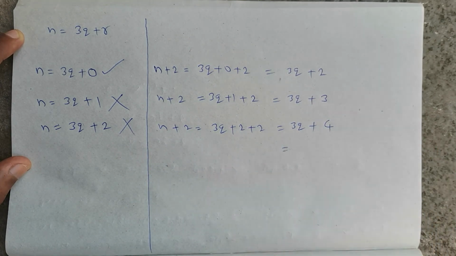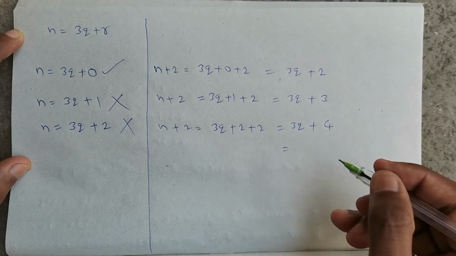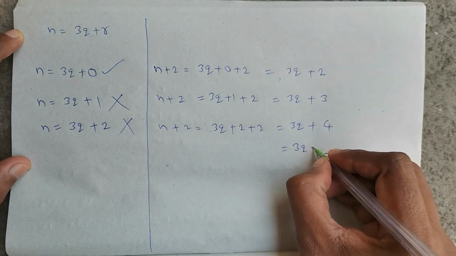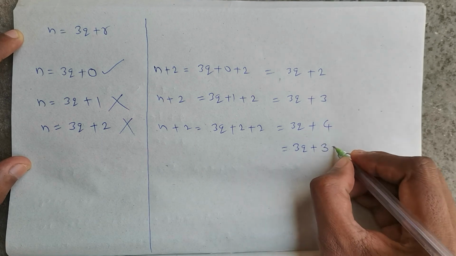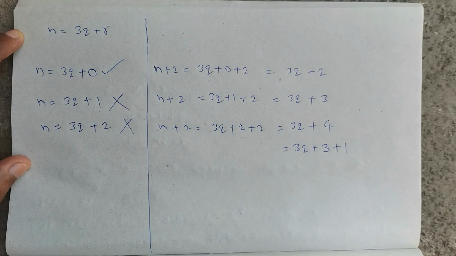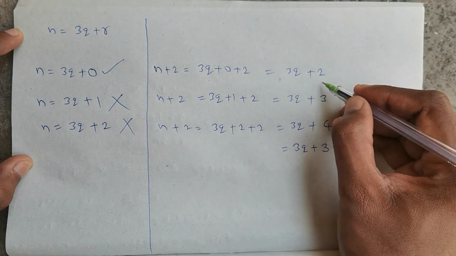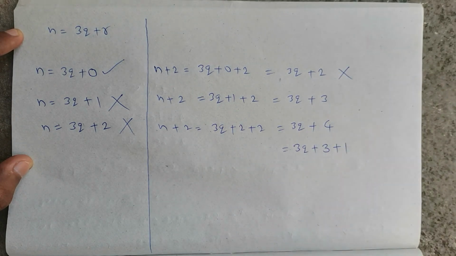Now here divisor is 3, so there is no chance we will get 4 as the remainder. So that's why I will divide this 4 as 3 plus 1, because 3 is the divisor and something is extra, the remainder. So now if we observe this case, plus 2 is the remainder, not divisible by 3.